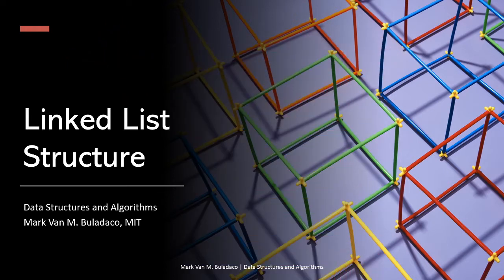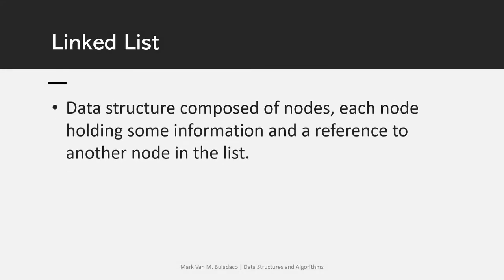So we'll proceed now to our lesson for today, which is basically about linked list structure. Linked list structure is one of the abstract data structures or data types that is included in the data structures discussion. So let's define a linked list.